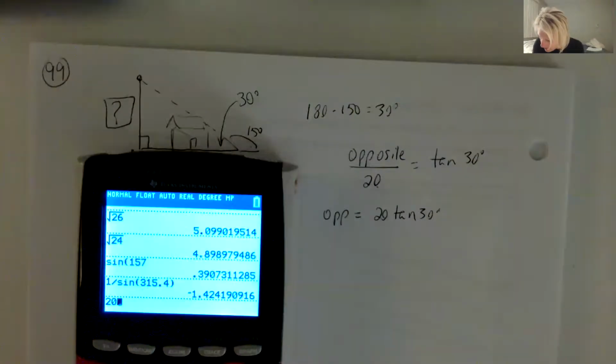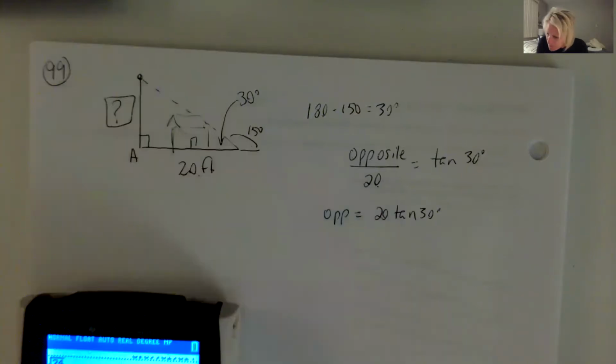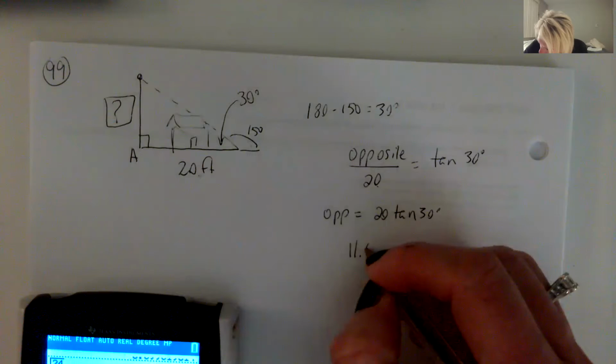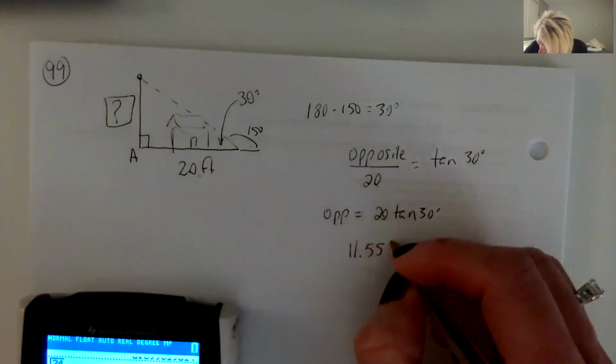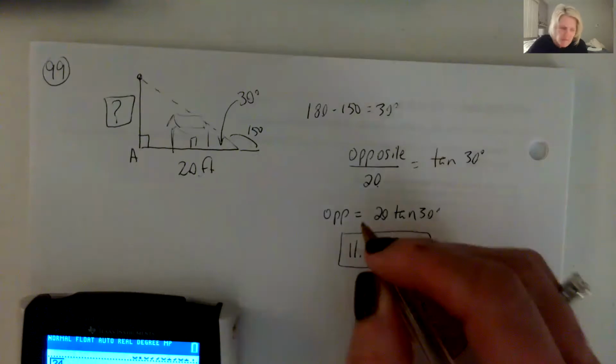And so 20 times the tangent of 30 degrees is going to be 11.55 feet, I believe it was.